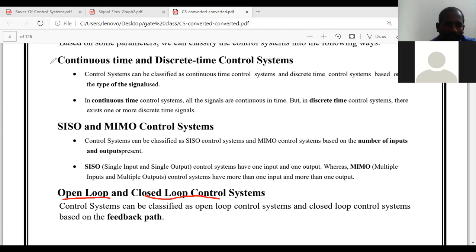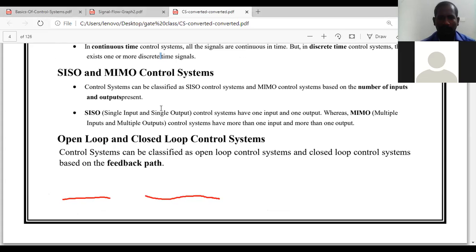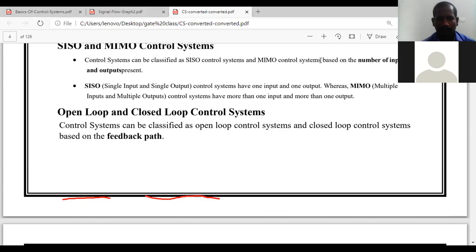But continuous time and discrete time, and SISO and MIMO control systems are quite new for you, so you should know these. SISO means single input, single output control system, and MIMO means multiple input, multiple output control system. Another way of classification is open loop and closed loop control system. You know that it is classified based on the feedback.